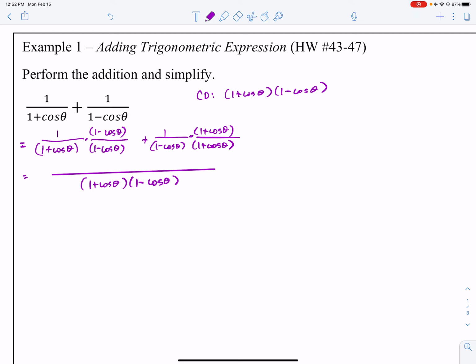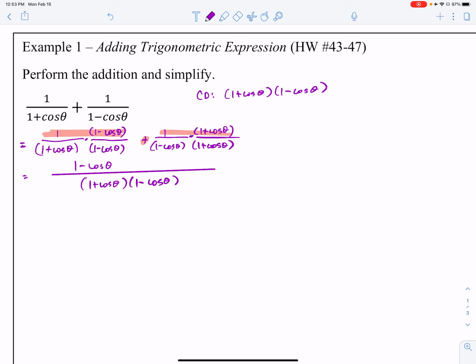And so then I am going to multiply the numerators on the first one. And when I do that, I just have a 1 minus cosine theta. And then I'm going to add to that the product here of 1 times 1 plus cosine theta.